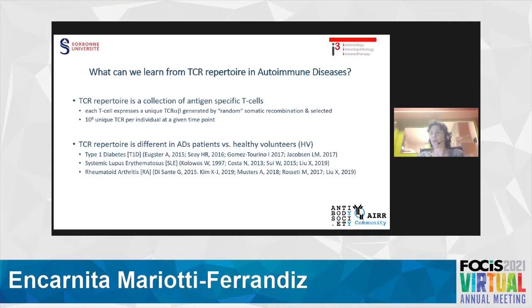unique TCRs per individual. In autoimmune disease, there have been many studies trying to decipher the repertoire of patients compared to healthy volunteers. That has been mainly done in type 1 diabetes, systemic lupus erythematosus, and rheumatoid arthritis.